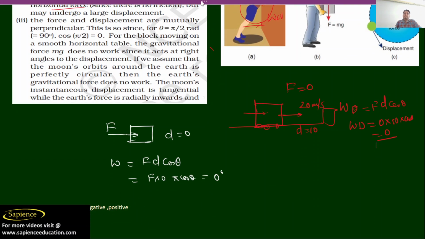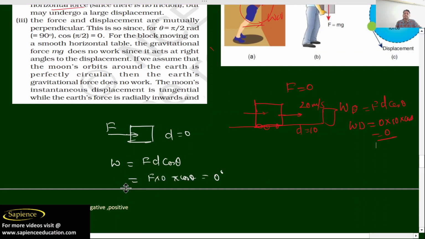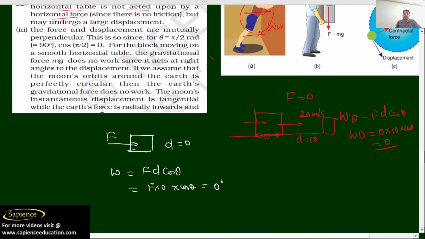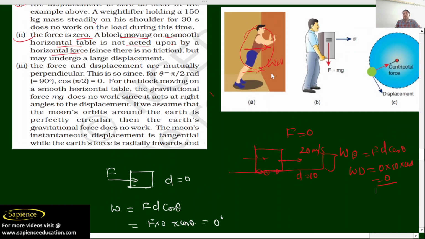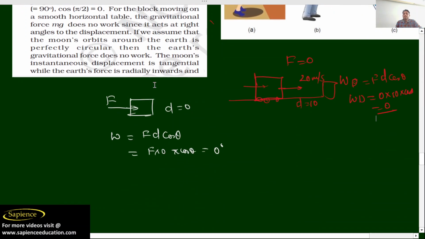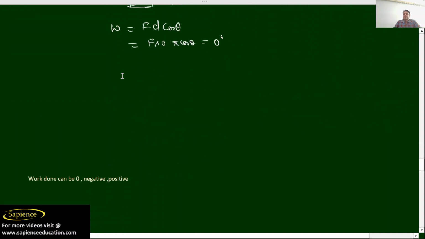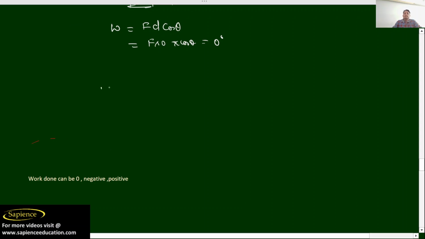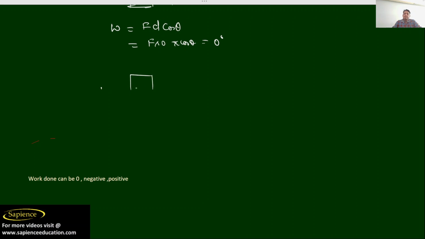Now I will talk about the third case. Third case is that when a force is acting perpendicularly, then the work done will be 0. Let us consider an object is here and its displacement is in this direction.